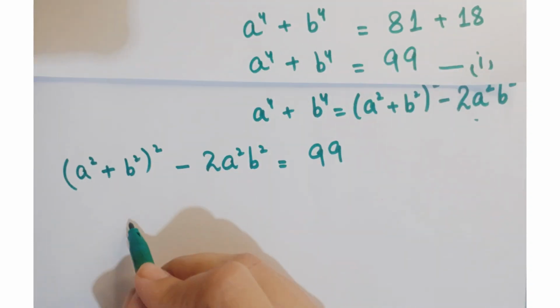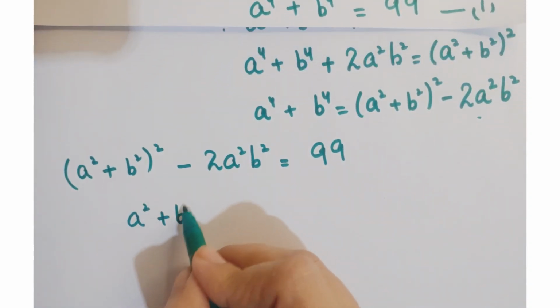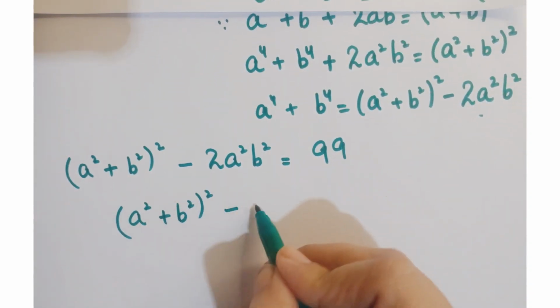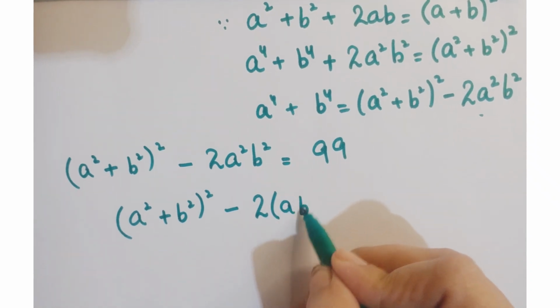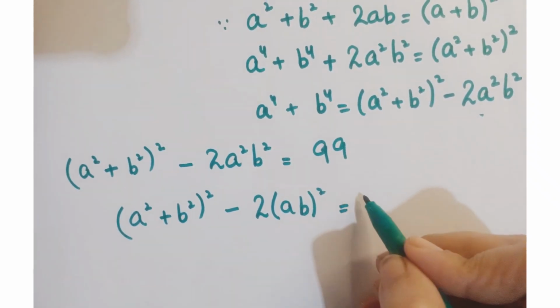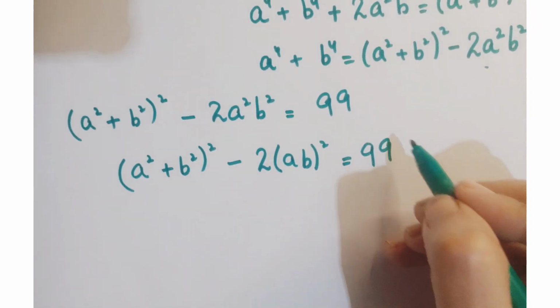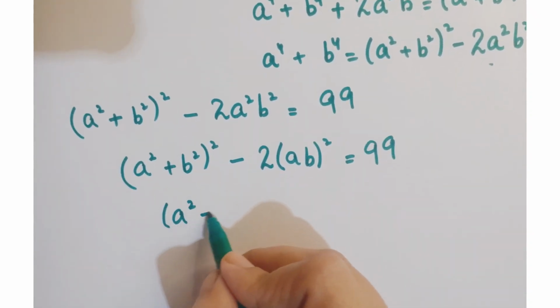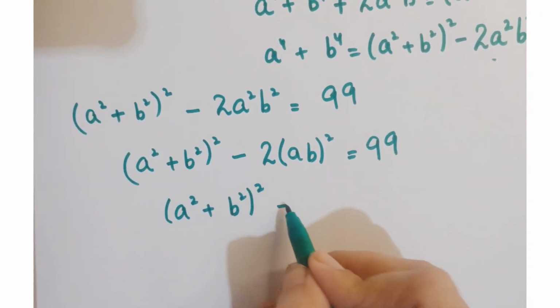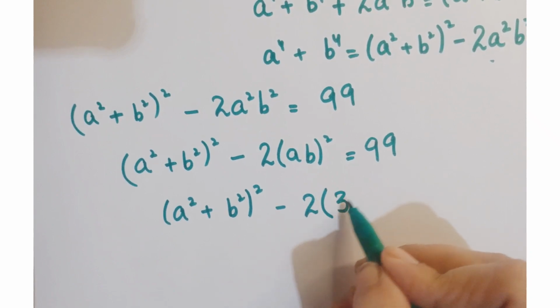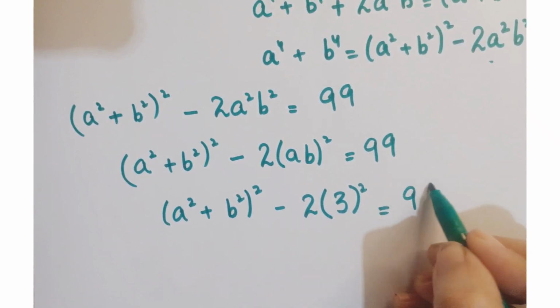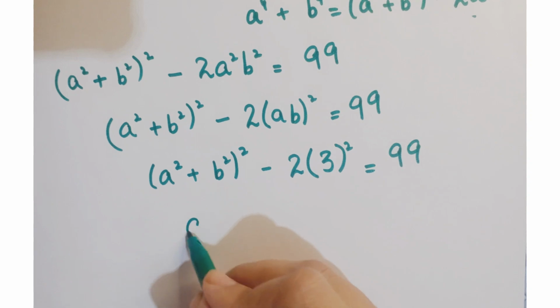Further, you can write this as (a square plus b square) whole square minus 2 into (ab) square is equal to 99. Or you can write this as (a square plus b square) whole square minus 2 into (3) whole square is equal to 99.